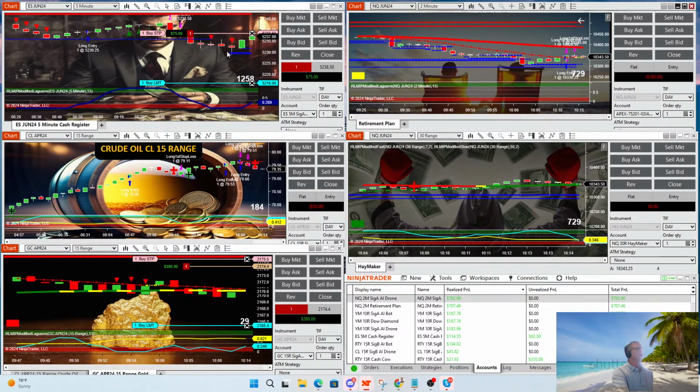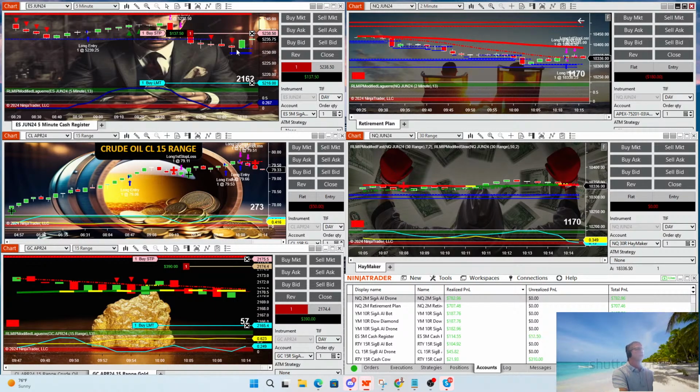And that ES trade is kind of retracing back on me. Signal A ES would have just went long.